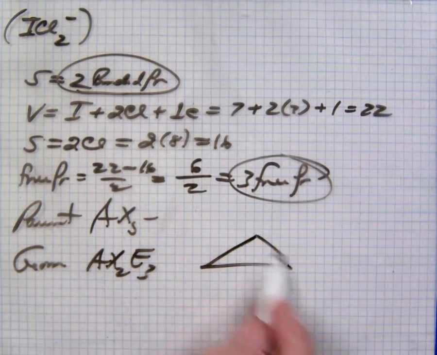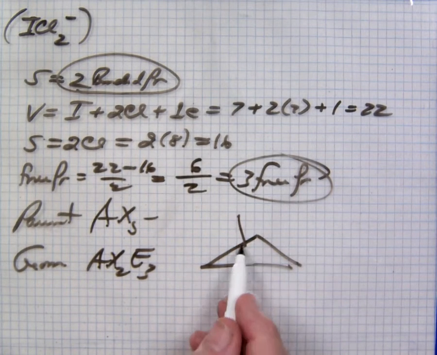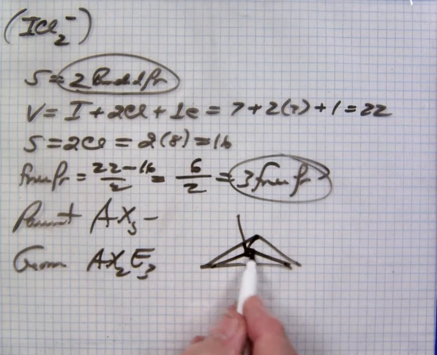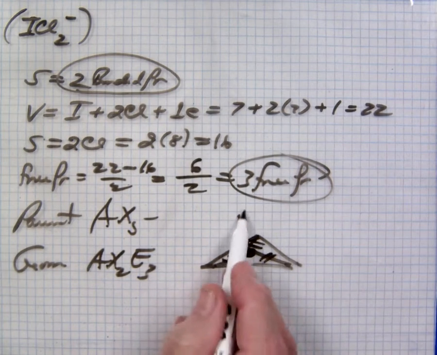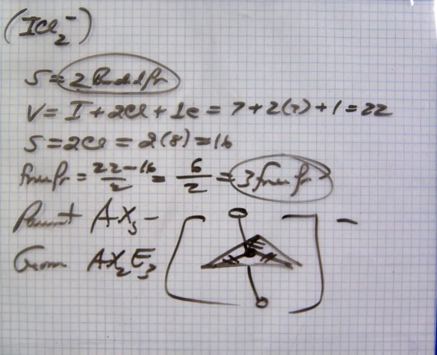So you start out with your trigonal bipyramid, getting sloppy, I know, like that. And so its geometry, 1, 2, 3, and there are your chlorides. And you bracket that, put a negative out there, like that. So while I didn't do anything radically different other than put brackets around it to show it's an ion and put a negative charge on the structure. That's all I did.